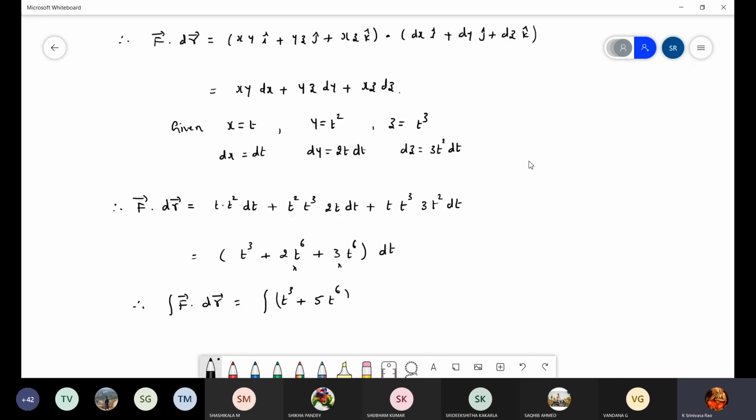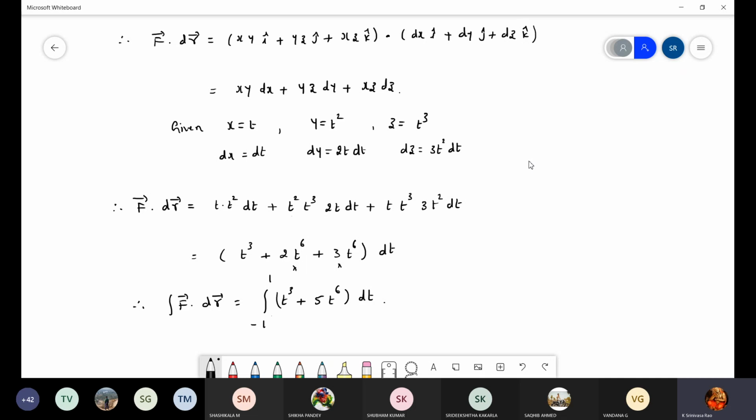So this I have to integrate with respect to t, and in the problem it is given t varies from where to where? From -1 to +1. Yes, it is given -1 to +1.